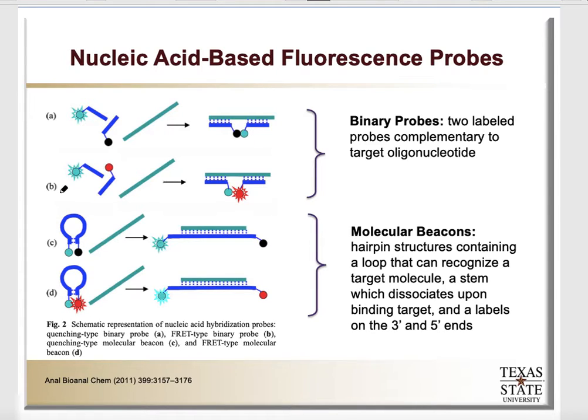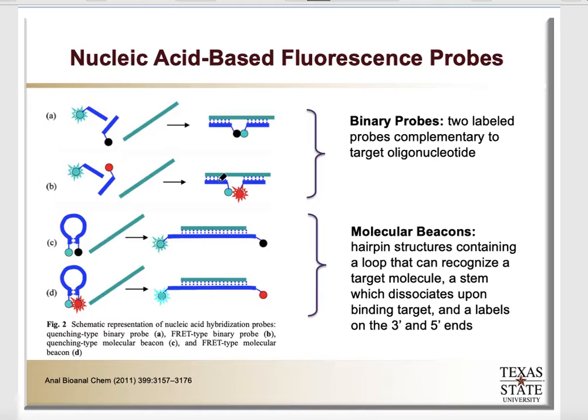In the second one, in B, we have fluorophore number 1, which is going to be our donor, and fluorophore number 2, which is going to be the acceptor for FRET. In the absence of the target, these two are not next to one another because they're just freely swimming in the solution. Because of that, we're only going to be seeing the fluorescence from the donor molecule.